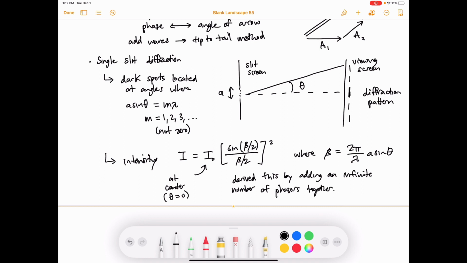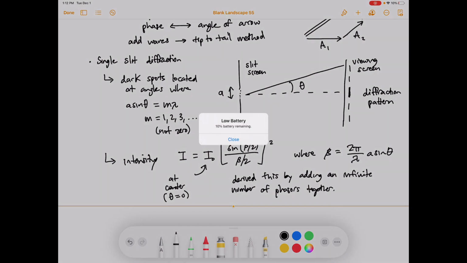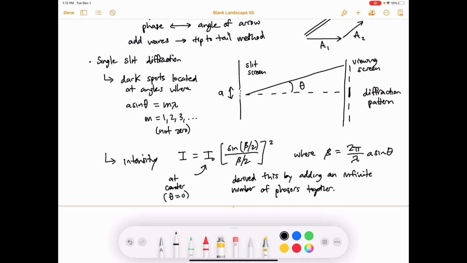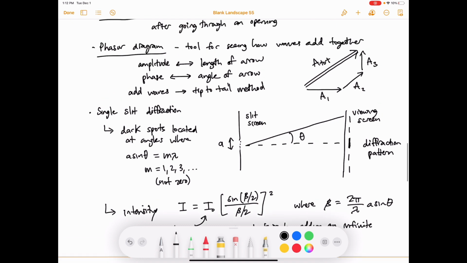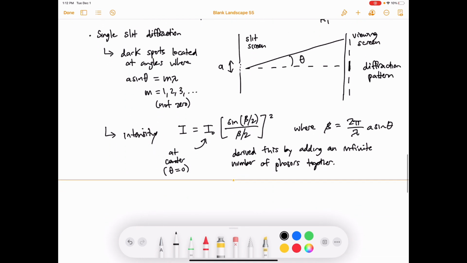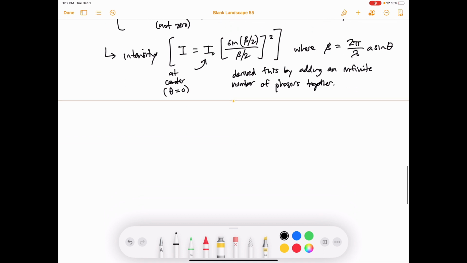So if we really want to understand how these waves destructively or constructively interfere to give you either a dark spot or a bright spot on the screen, we really have to think about how to add an infinite number of waves together. And again, we did that using a phasor diagram, and these are the results we got from that analysis. Okay? So that's single slit diffraction.